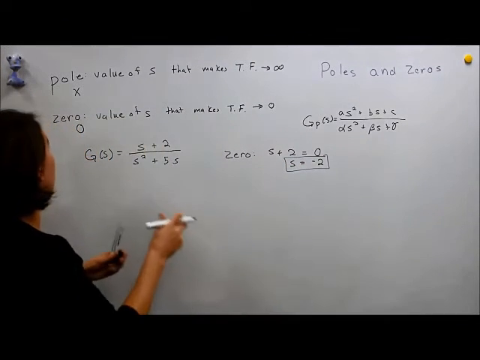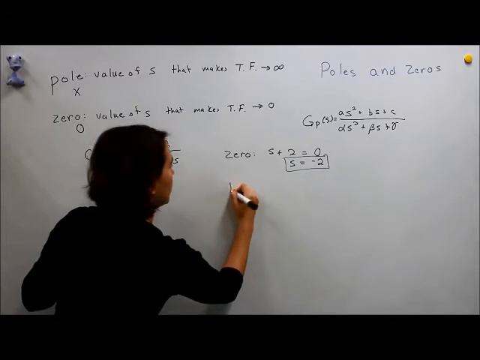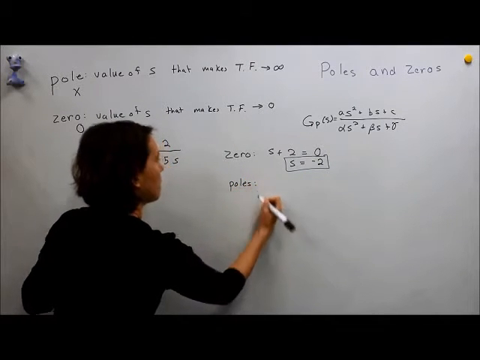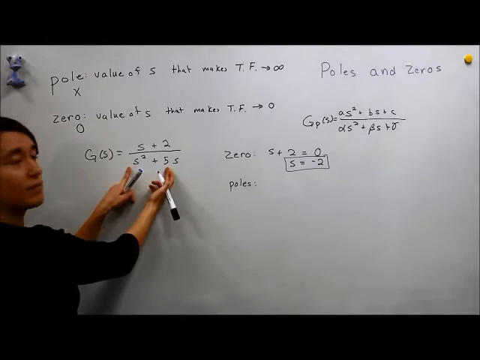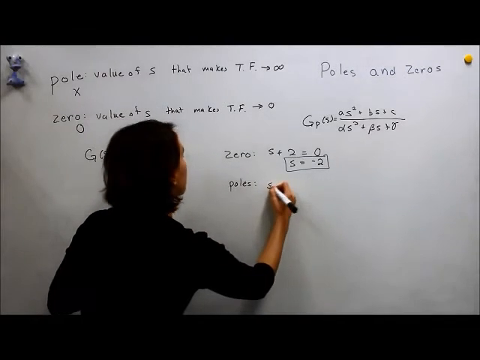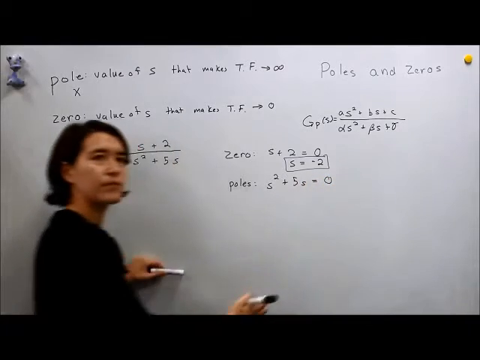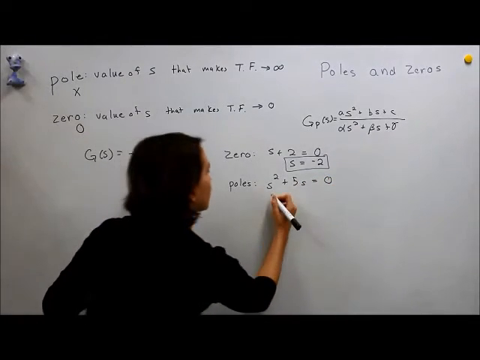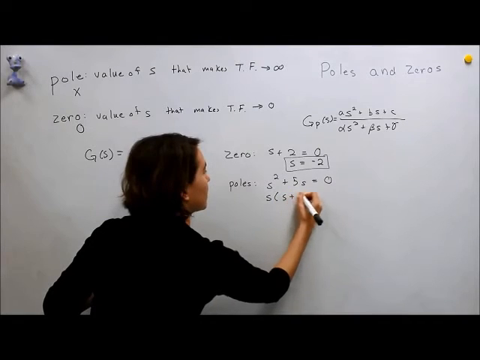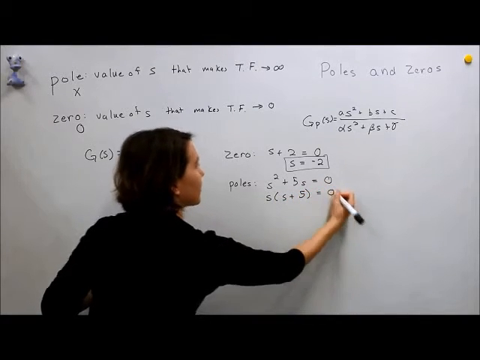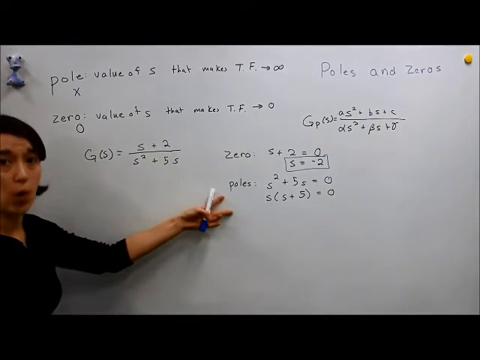And then what about our poles? So we take this expression and we want to make it 0. So s squared plus 5s equals 0. We see we could take an s out of here. So we have s times s plus 5 is equal to 0. So here we actually have two poles.